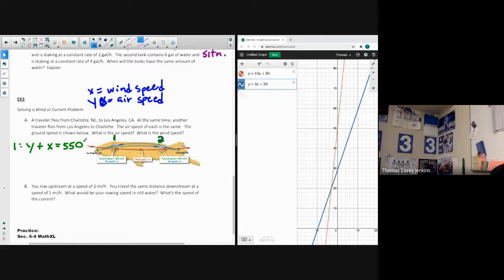Your airspeed would be the speed of the plane with no wind affecting it, and the ground speed would be your actual speed. Then plane 2 would be your airspeed minus the wind, because it's taking away from our speed, equals 495.